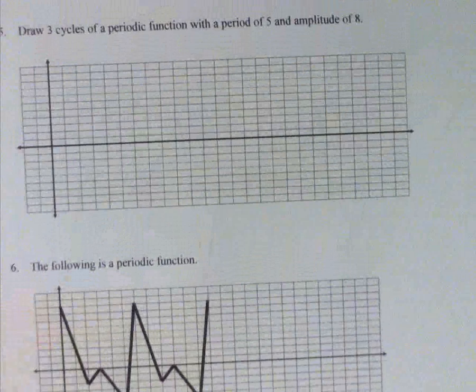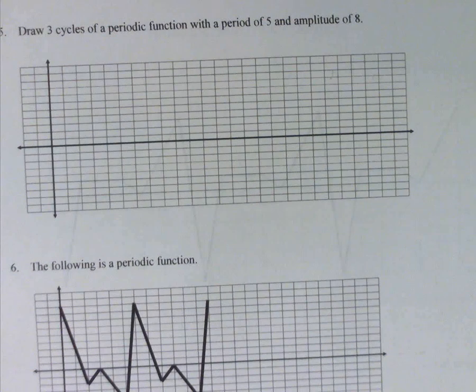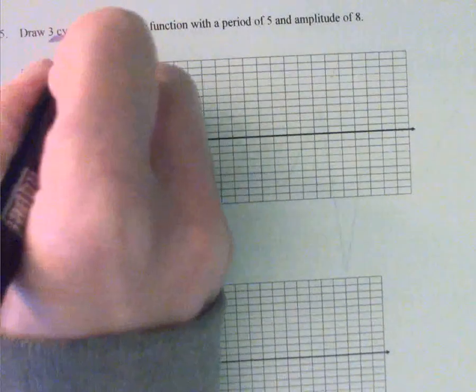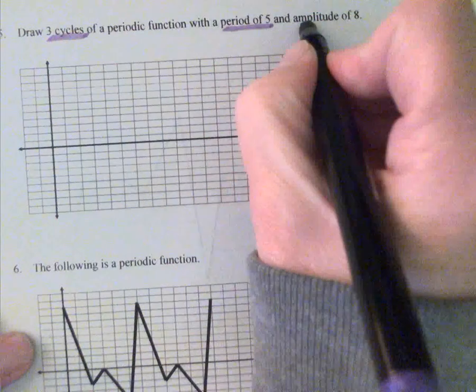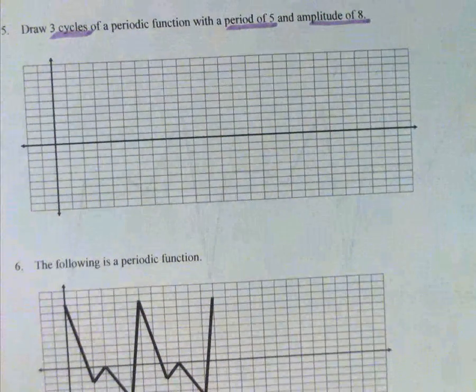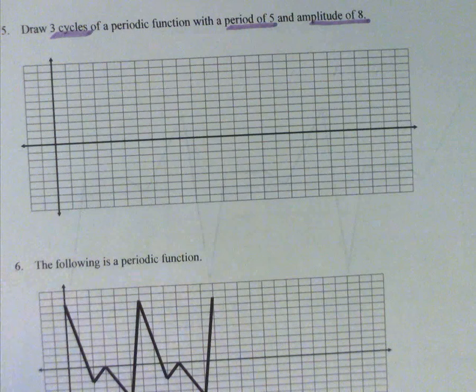Okay, this one wants me to draw 3 cycles of a periodic function. So I want 3 cycles of a periodic function with a period of 5 and an amplitude of 8. So first thing I want to do is a period of 5.